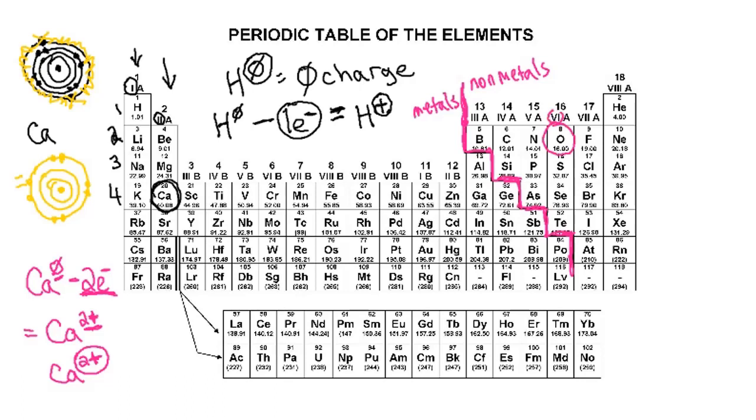Oxygen is in column 6A, that Roman numeral 6. So that means oxygen has 6 electrons in its outer shell.